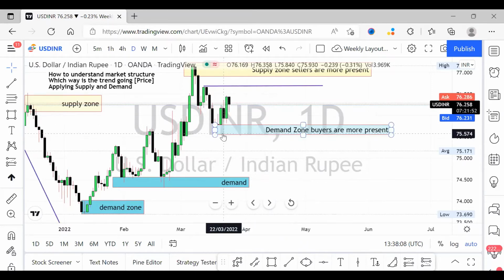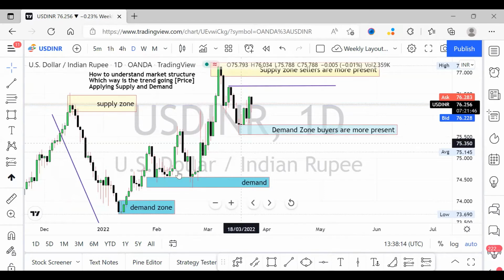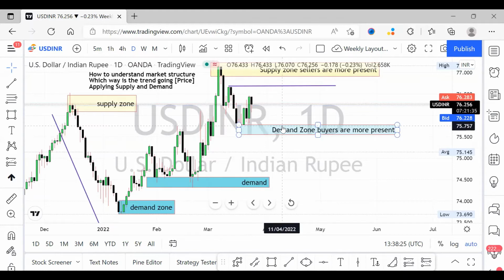So the demand zone has been created and the buyers are here. Every time you see this, if the demand zone has been created, we look for buying opportunities as close as possible to the demand zone, and when selling from the supply zone, as close as possible to the supply zone as soon as it exits.